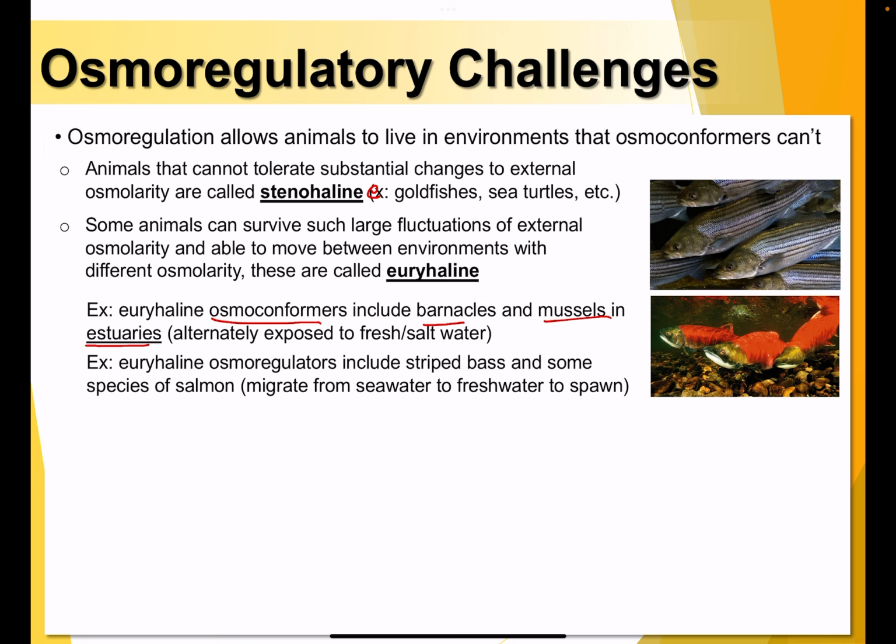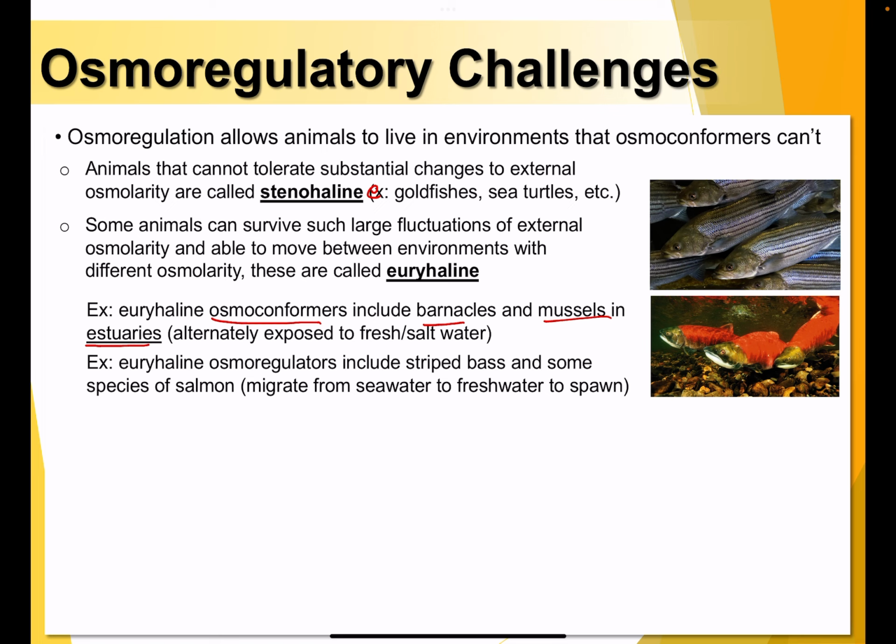There's a mixture of fresh water draining from the land and salty seawater coming in, so we find species there that can survive in some fresh water and then switch over to salt water, depending on how high the tide is.